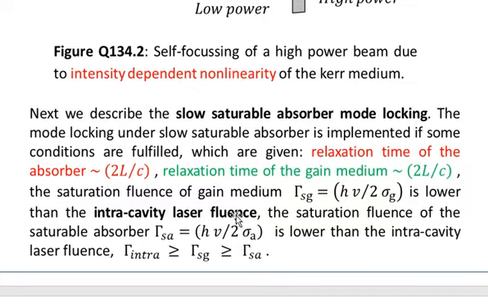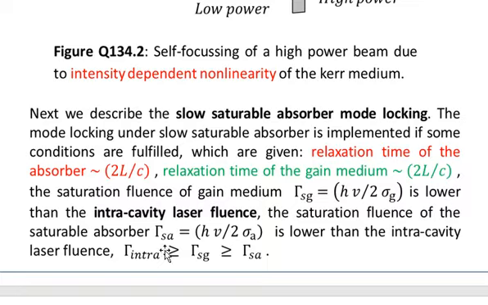And you know what fluence is: fluence is the energy incident per unit area in a given period of time. For example, the energy incident on the material per unit area between time t1 and t2 will be referred to as fluence.